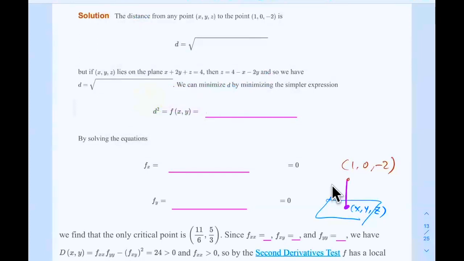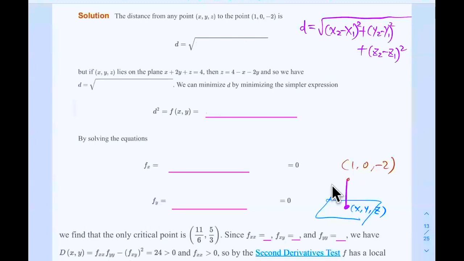Distance equals the square root of x2 minus x1 squared plus y2 minus y1 squared plus z2 minus z1 squared, right? So that was the distance formula.